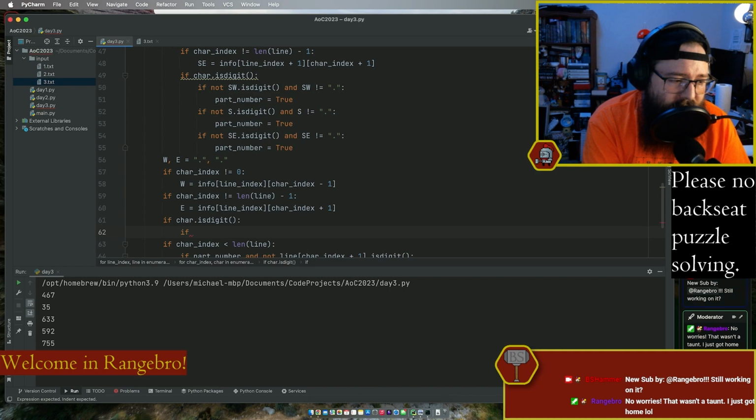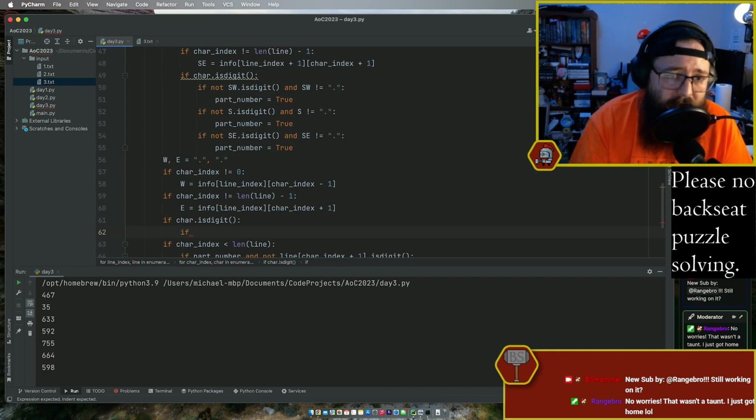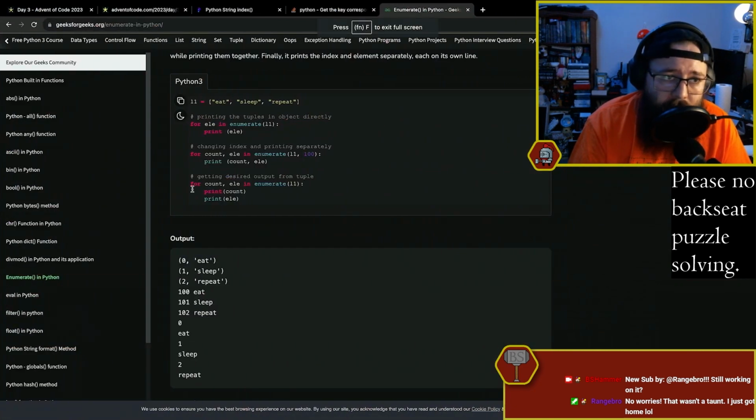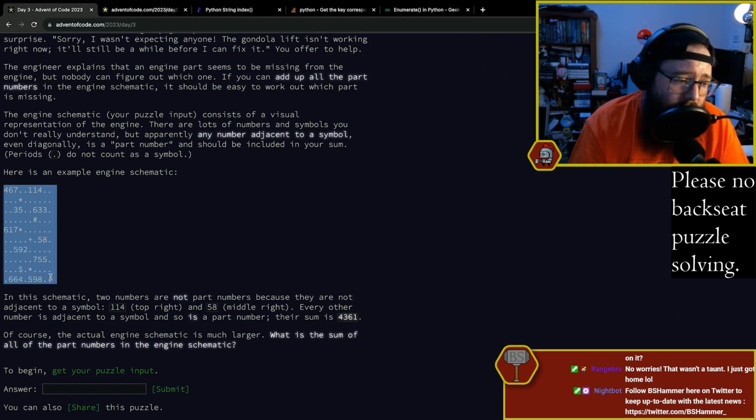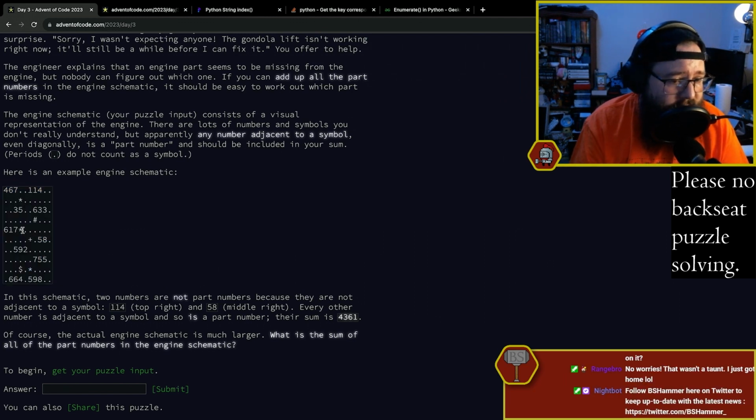Yeah, I know I'm bad at these kinds of problems, where you're scanning through a 2D array and you want to be looking at things that are going on up, down, left, right, and diagonally.